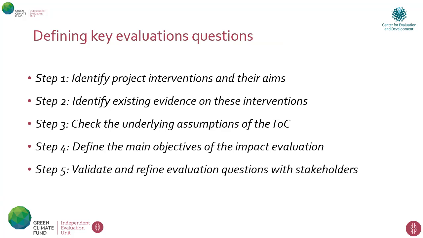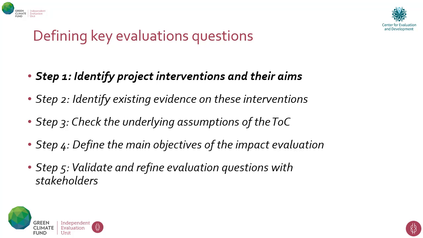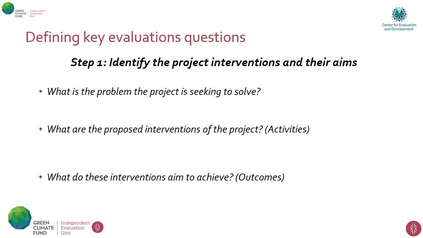So when you define key evaluation questions, you go through 5 main steps. Firstly, you identify project interventions and their aims. For example, as Emil explained in the last video, we're working on the theory of change from cookstove projects.